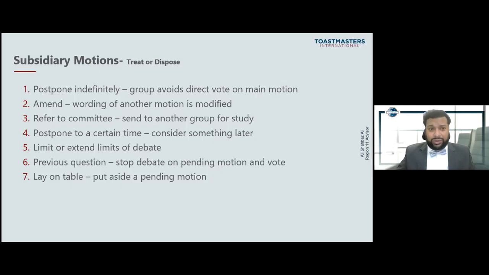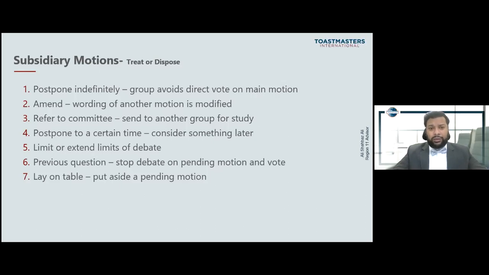So in the subsidiary motions category, there is postpone indefinitely, amend, refer to a committee, postpone to a certain time, limit or extend limits of debate, previous question, and lay on the table. So this is the family of subsidiary motions.